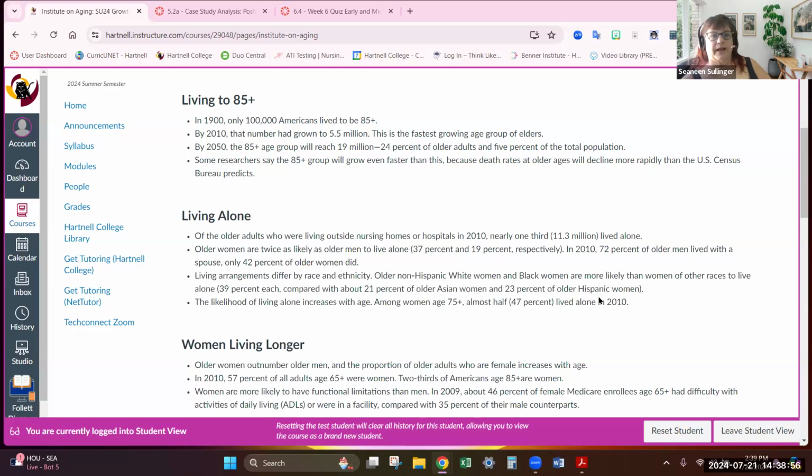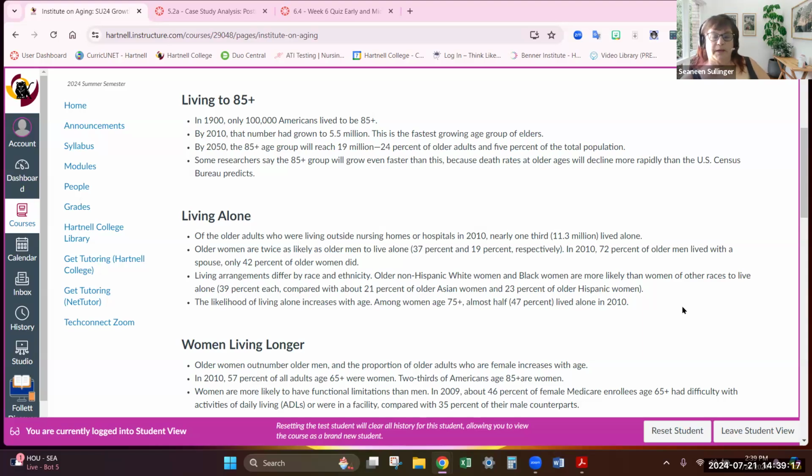The older adults who are living outside nursing homes and long-term care facilities, nearly 1/3 of them live alone because the partner probably has passed away, or the partner might be in a long-term care facility or hospital or some other place. And so the living arrangements differ by race and ethnicity.